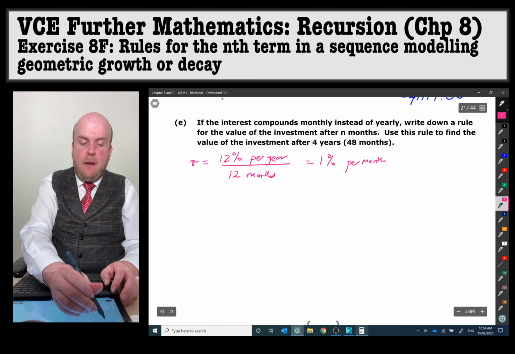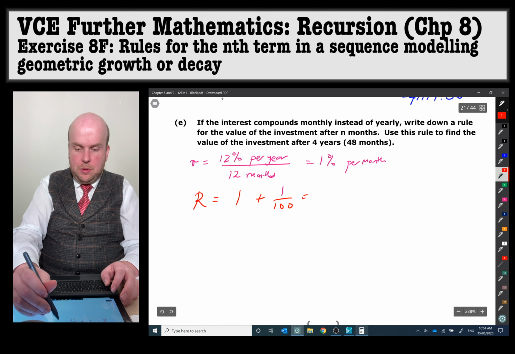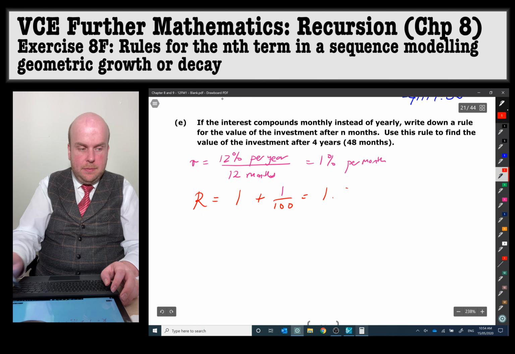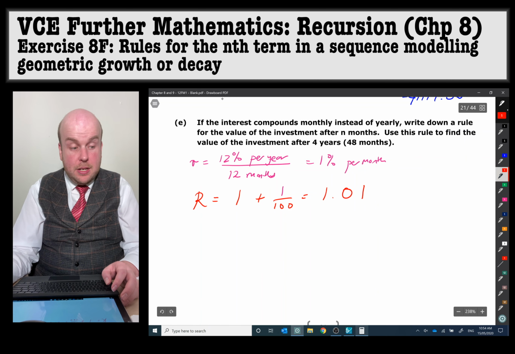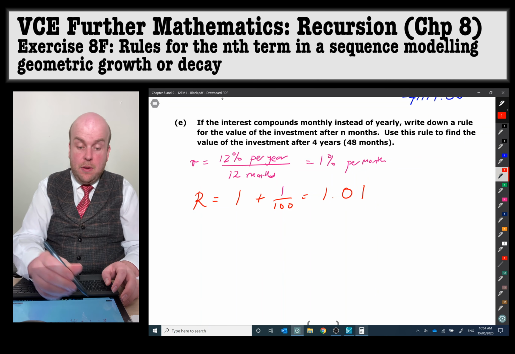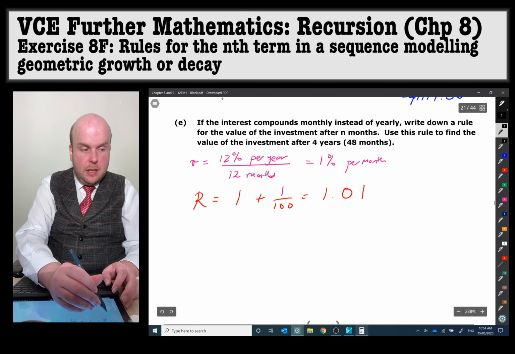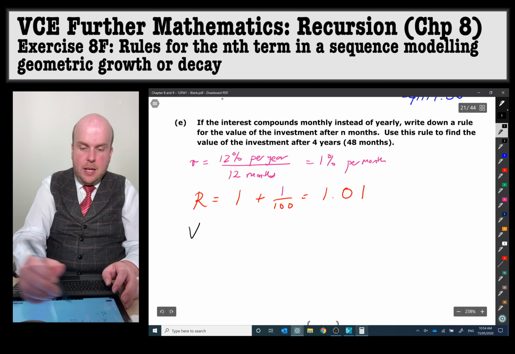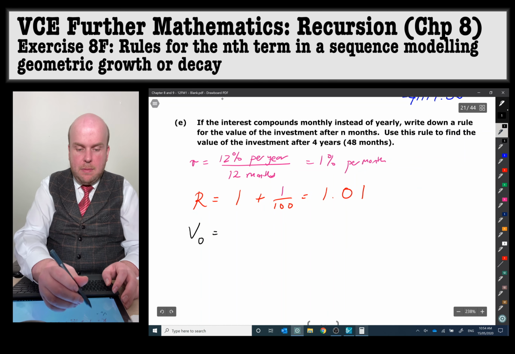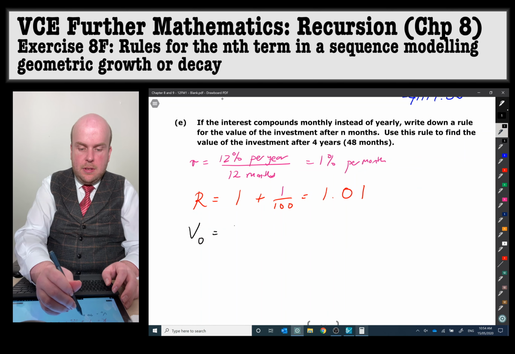So my new R value is going to be equal to 1 plus little r, which is 1 over 100, and that is going to be equal to 1.01. Then I just need to establish my new rule. V naught is the same amount, so 90,000.